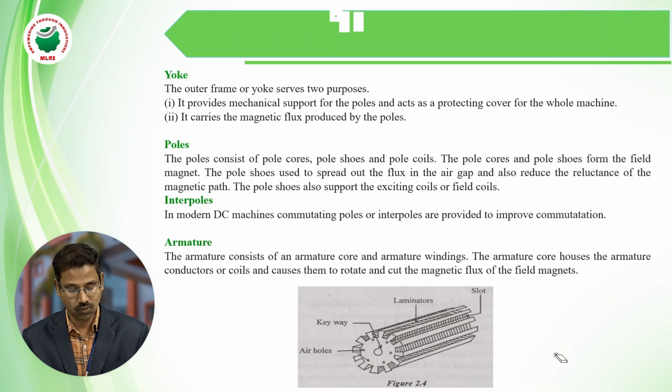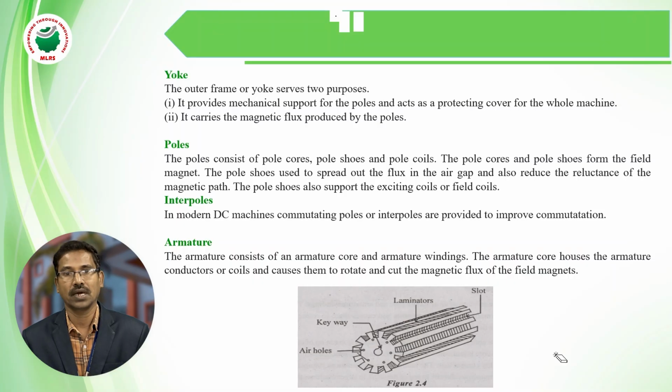The next one is the armature. The armature is cylindrical in shape. The armature is nothing but the rotating part of the machine. It consists of the armature core and armature winding. The armature core is provided with slots, and in these slots the armature winding is provided. Whenever the armature rotates, the conductor cuts the magnetic flux.